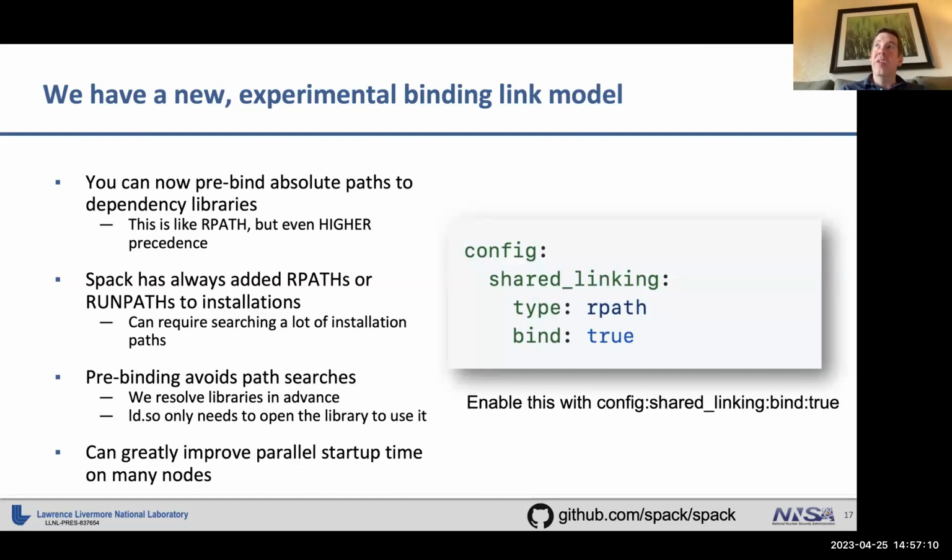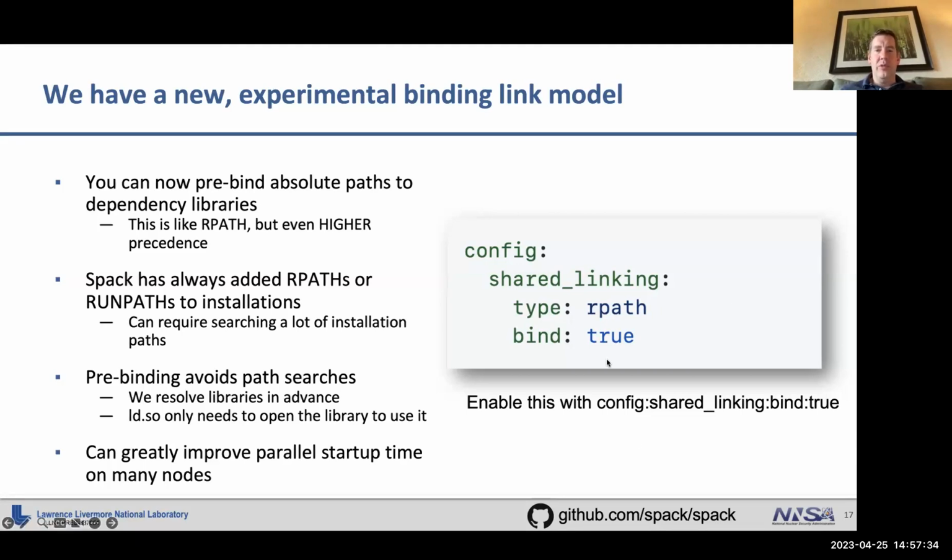RPaths are still paths. And so if you end up adding a lot of RPaths to a library or an executable, when that library gets loaded, the OS still goes through all those RPaths and tries to find all of your needed libraries in them. And so it's still a search. And that means there's a lot of stats and opens and other file system operations that are going to get done. And those end up causing problems for your file system at scale.